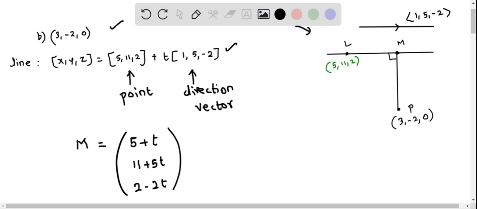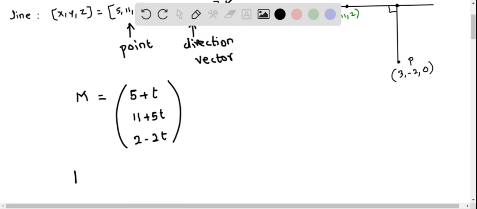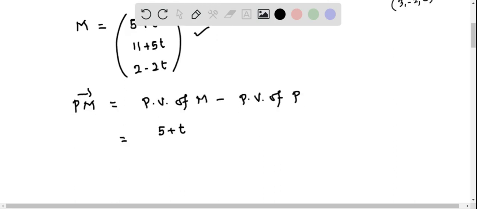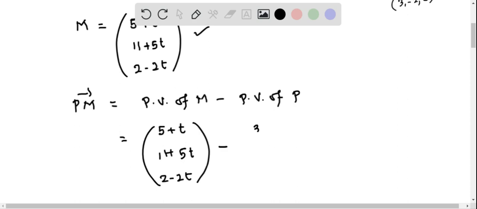Now we will write the vector MP, and so this equals the position vector of M minus the position vector of P. The position vector of M is this vector, so we can write this as 5 plus t, 11 plus 5t, 2 minus 2t, and then the position vector of the point P is 3, negative 2 and 0.